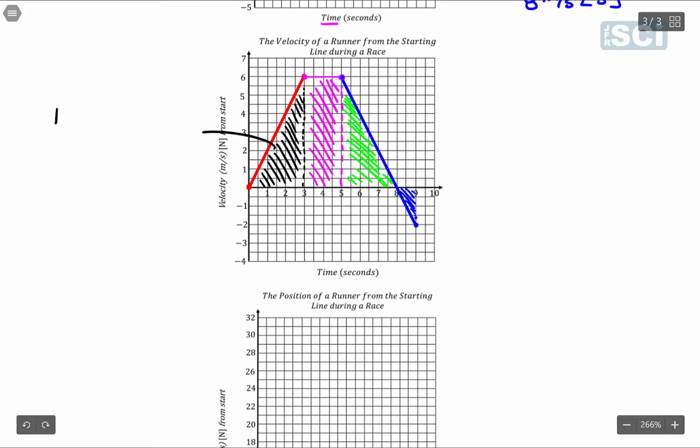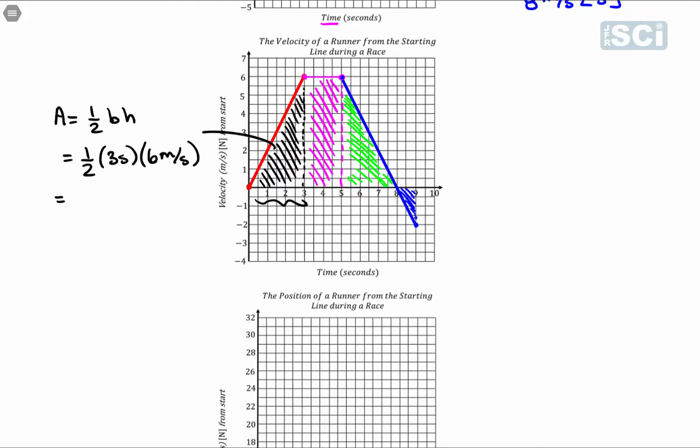So this first one is a triangle, so 1/2 the base times the height. So 1/2, the base length is 3 seconds, multiplied by the height here, which is 6 meters a second. If I multiply that together, I get 1/2 of 3 multiplied by 6, which gives me 9 seconds multiplied by meters per second, which is 9 meters.